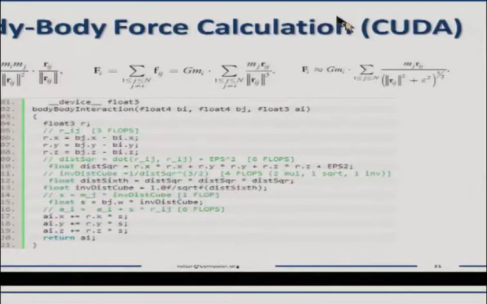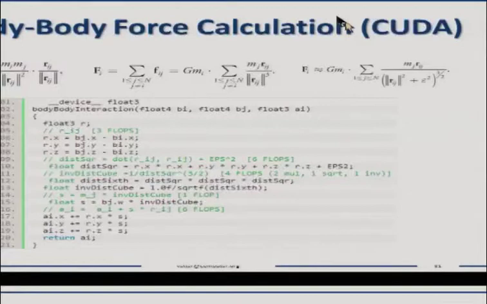And what you're doing here, and there's more to it, but we'll pop up in a second and I'll show you what the harness code for this looks like. But at the lowest level, this is what you're calculating. You're calculating the distances, the square, let's see, some other things there, the cube of that, and then doing some square roots and inverses.